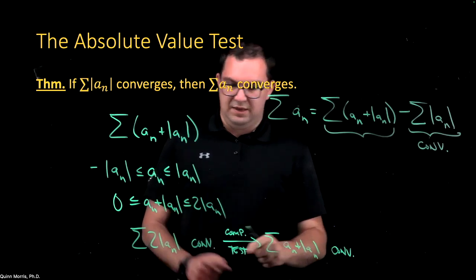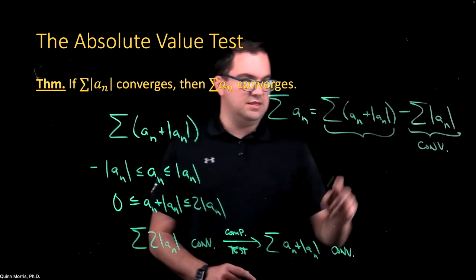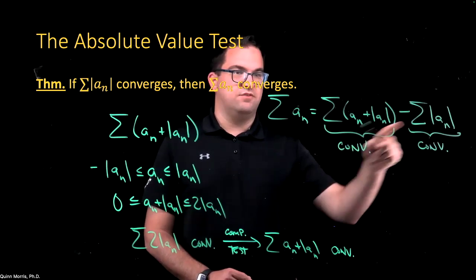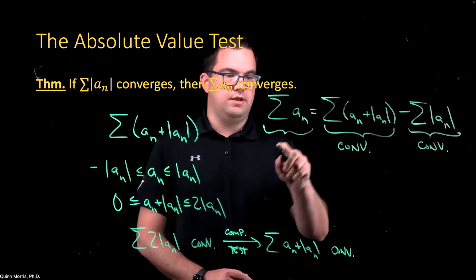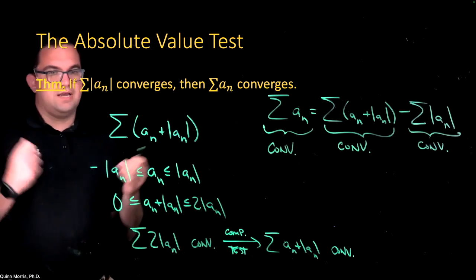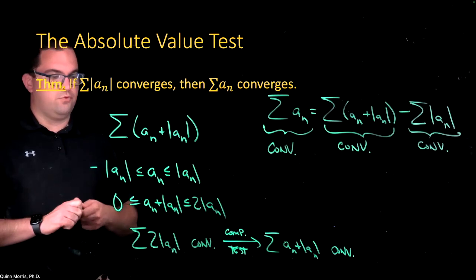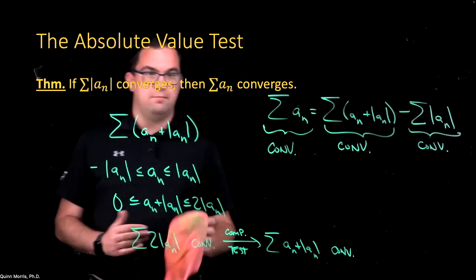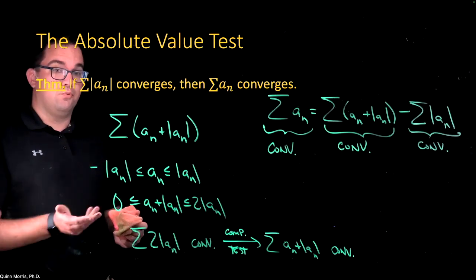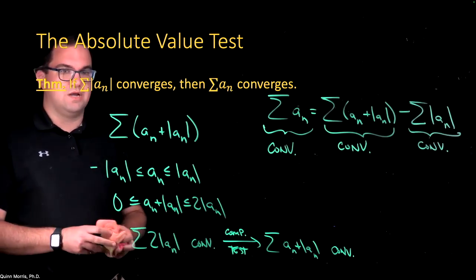I've proven that if that sum converges, then this converges. And so now this is a difference of two convergent series, so it also converges. So this is a nice little test that quickly falls out of our comparison test. It's not important that you necessarily remember the proof. I just want you to see where this comes from.